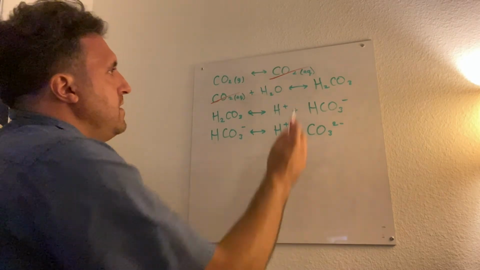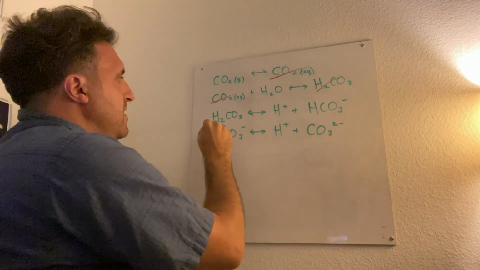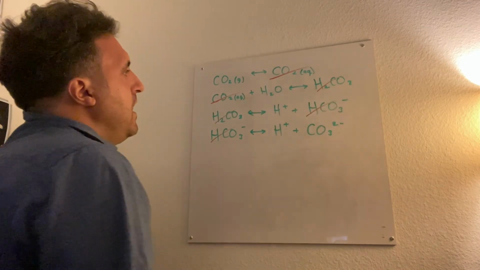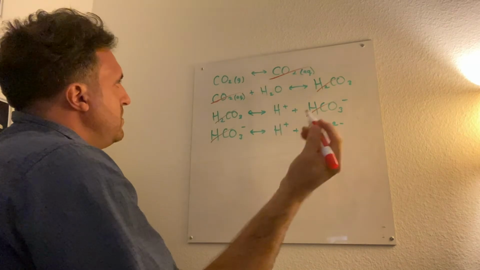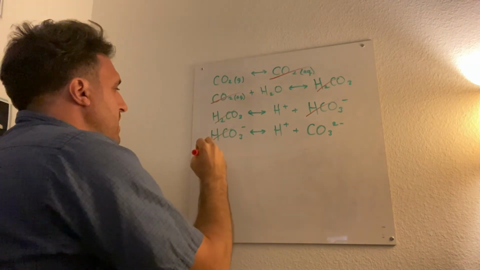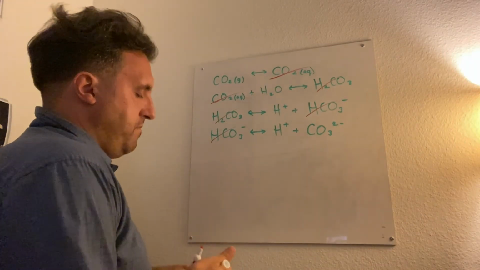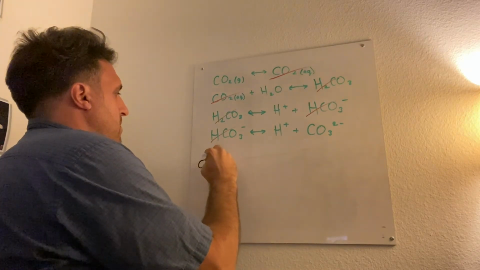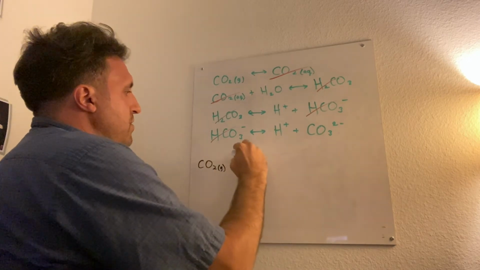We've got here carbonic acid on the right hand side of this equation, but it's here on the left hand side, so that can get canceled out. Same thing with bicarbonate, and that's just about it. So the overall reaction then would be CO2 in the gas form plus H2O.